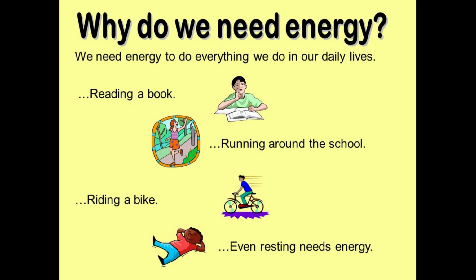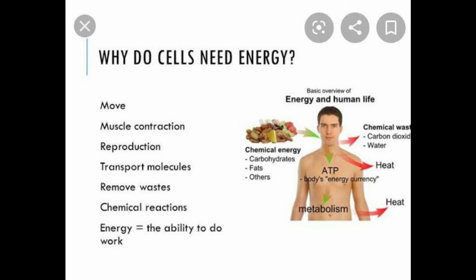You may not be aware of it, but several activities take place within the body as well. For example, beating of the heart, contraction of the intestine and muscles, expansion and contraction of the lungs. Activities performed within the body also require expenditure of energy.